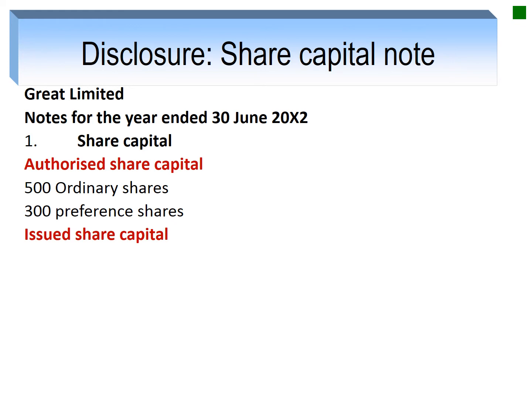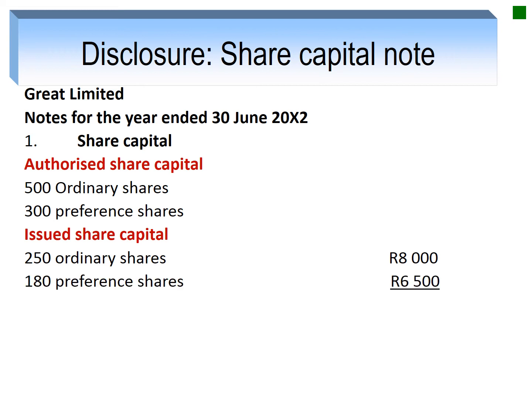Limited. If Great Limited had issued 250 ordinary shares, let's say they'd issued them for 8,000 Rand, and they'd issued 180 preference shares for 6,500 Rand, the total share capital for Great Limited at the end of June 2002 would be 14,500 Rand.